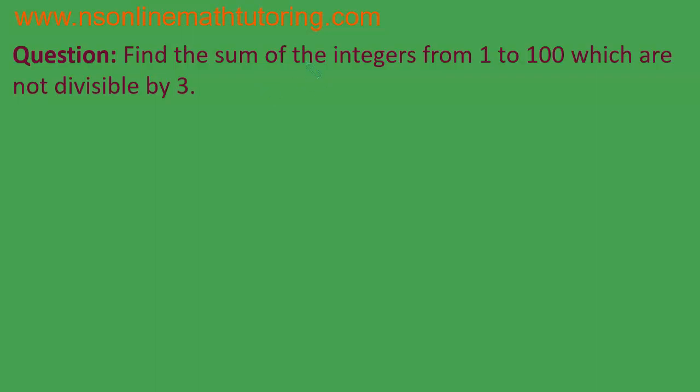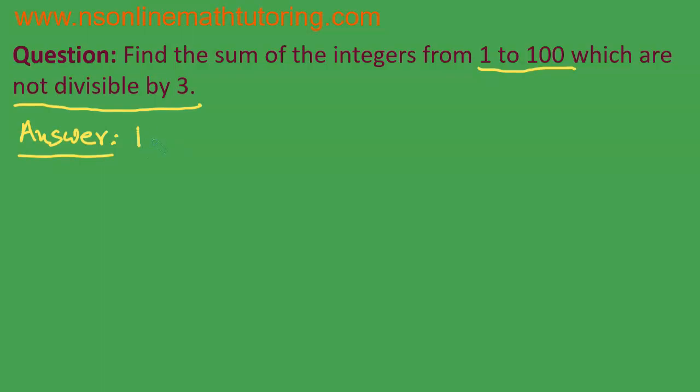Okay. For this session, the first question is: find the sum of the integers from 1 to 100 which are not divisible by 3. Let us start with our answer. Sum of the integers from 1 to 100 which are not divisible by 3.